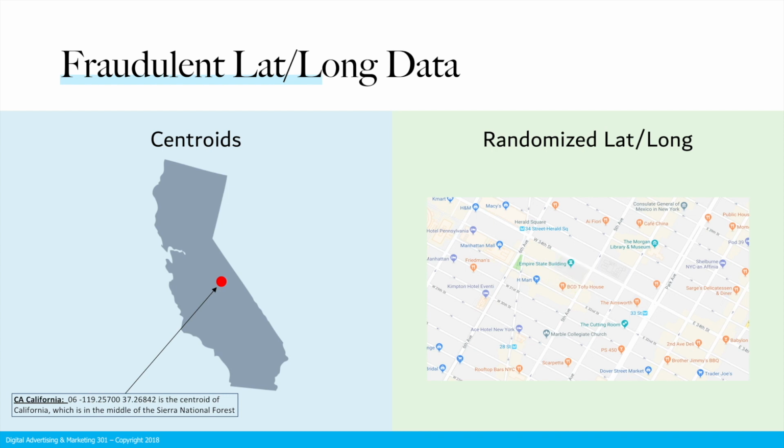However, randomized lat longs tend to look something like this, where they're pretty evenly spaced and you don't see a heavy, concentrated area like you would expect. So if you were to layer that randomized lat long information on top of a map, it clearly would look out of place and not what you would expect to see from normal day-to-day use.